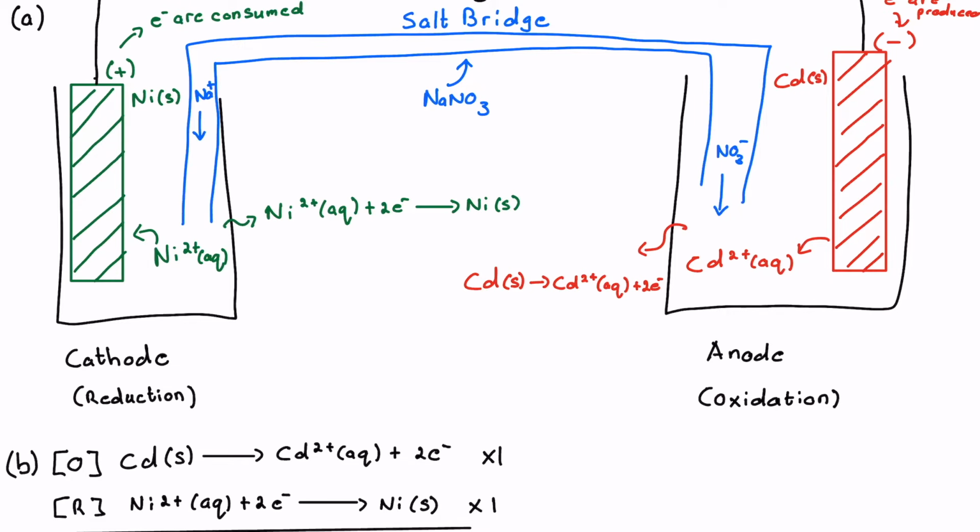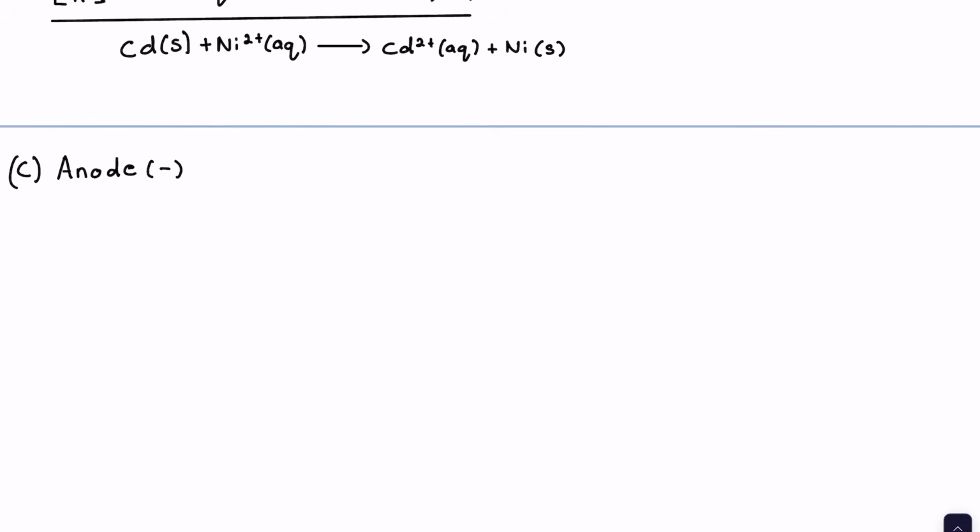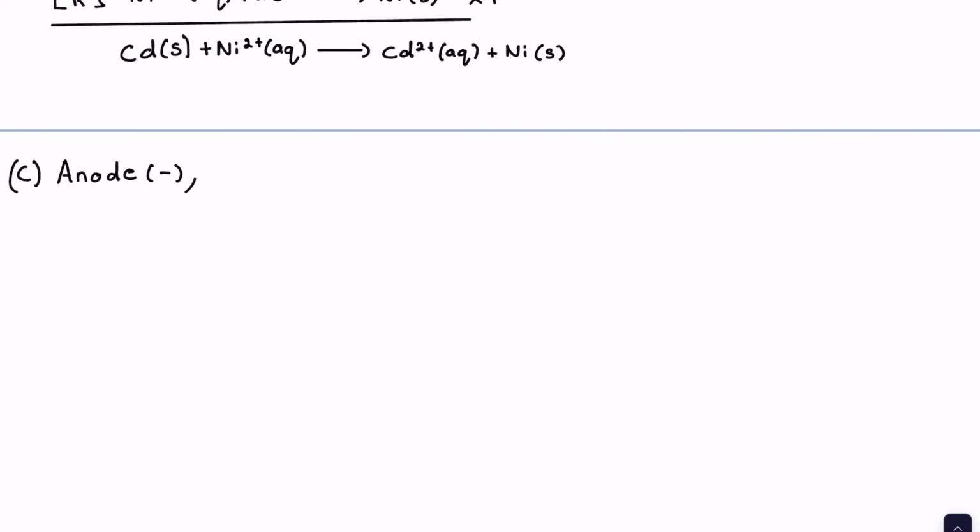It gives it a negative polarity. All right, and in opposite to that, our cathode will have a positive polarity, because that is the electrode where the electrons are being consumed to assist in the reduction half reaction. So that gives the cathode a positive polarity. Cool.